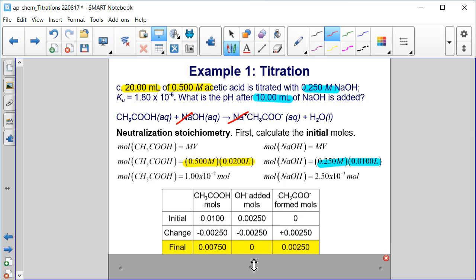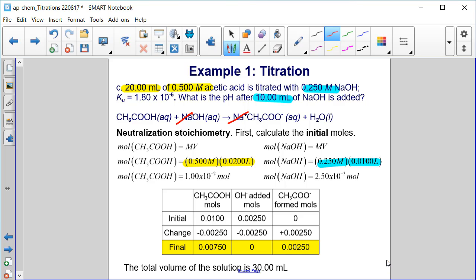And then what are we left with at the end? 0.00750 moles of acetic acid and 0.00250 moles of the acetate ion are formed. The total volume of the solution at this point is 30 milliliters. Keep in mind, we started with 20 milliliters of acetic acid and we added 10 milliliters of NaOH to it.